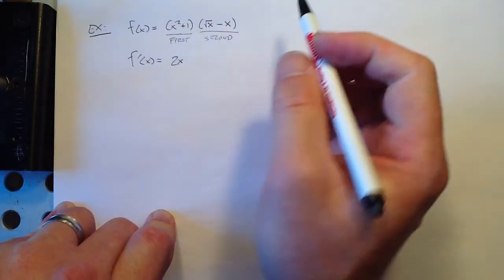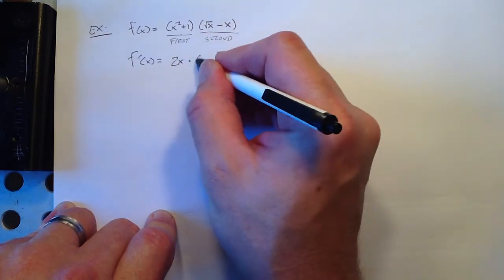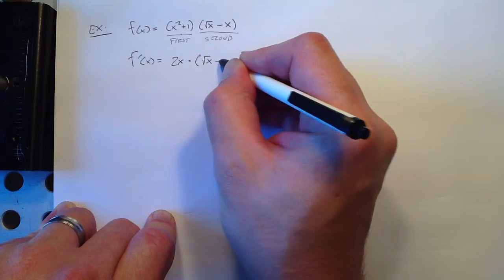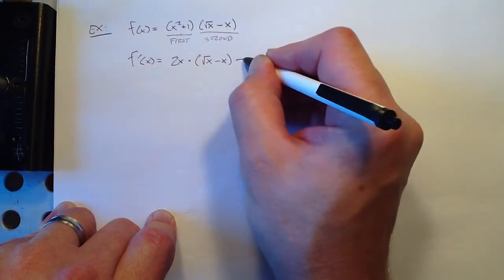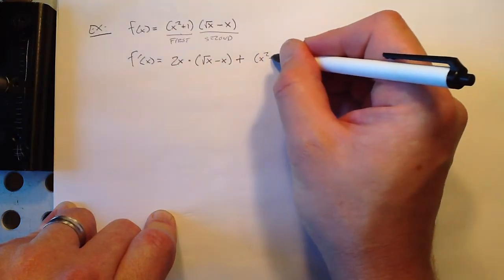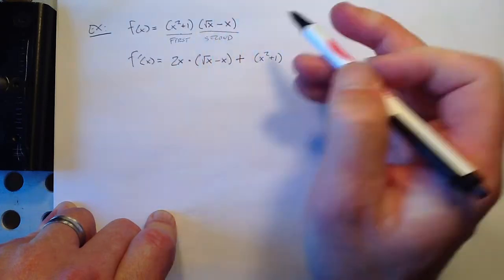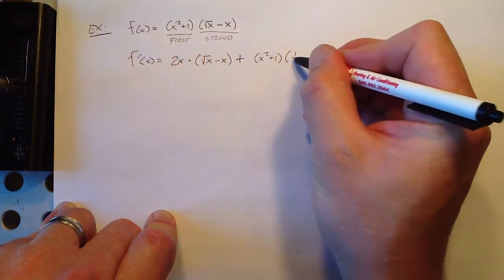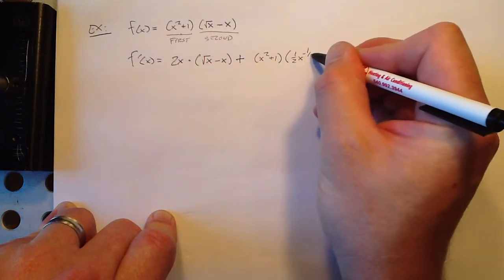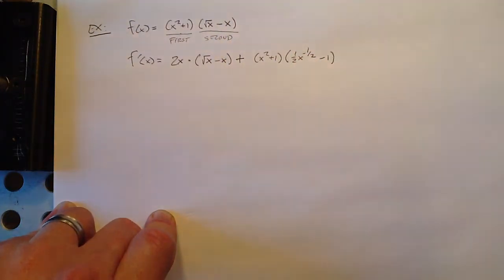That's not a hard problem. So the derivative of the first times the second one left alone plus the first one left alone times the derivative of the second. Now that's really x to the 1/2. So its derivative would be 1/2 x to the negative 1/2, and then the derivative of x is 1.